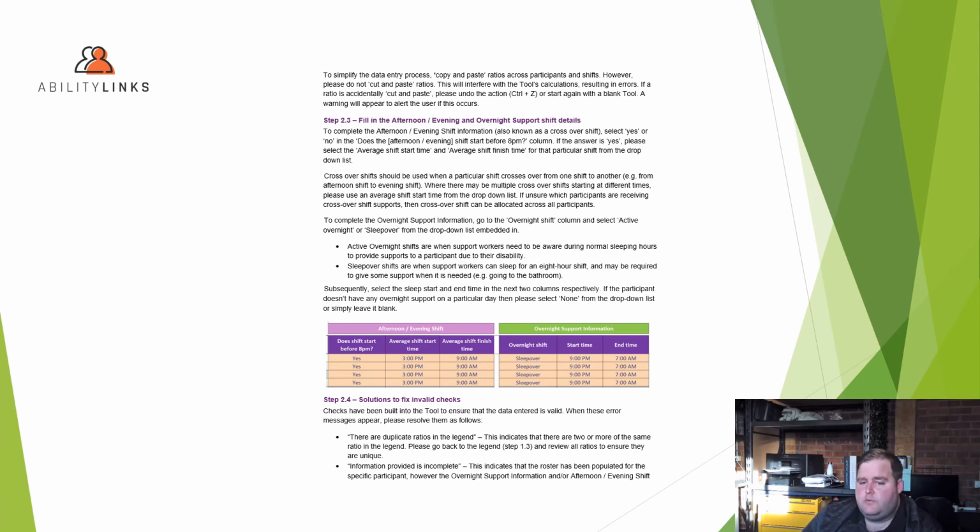Now it's just important to make a note as well, when you're filling in the ratios component of the ROC, don't copy and paste. The submission tool's meant to be interactive so that when data's inputted, it should allow for an auto calculation of supports at the end.